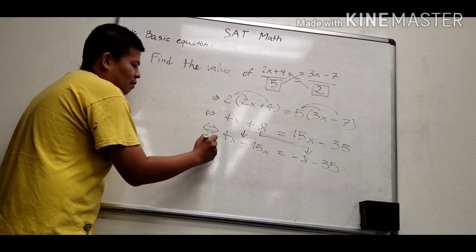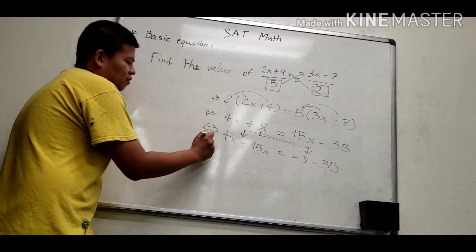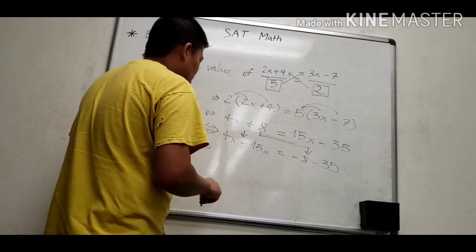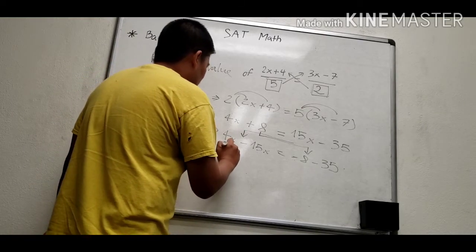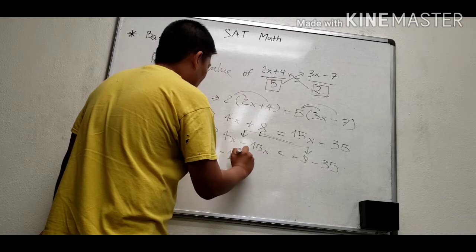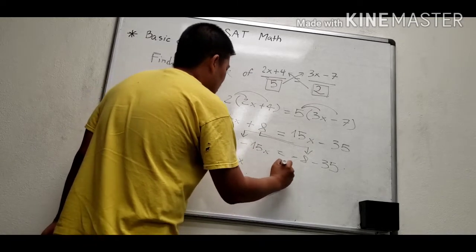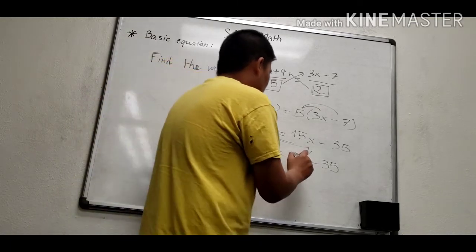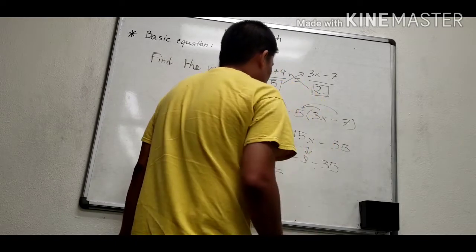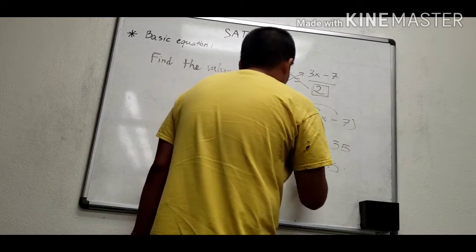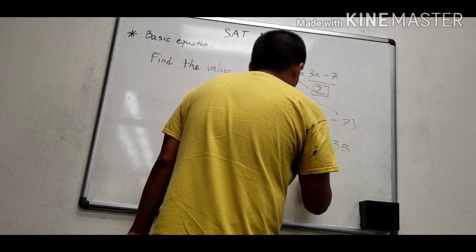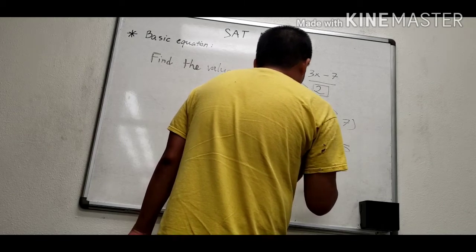And you just do the basic equation. 4 minus 15 is minus 11s. Minus 8 minus 35 is minus 43.